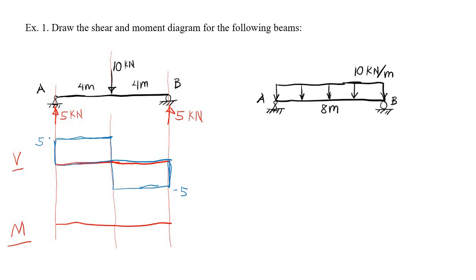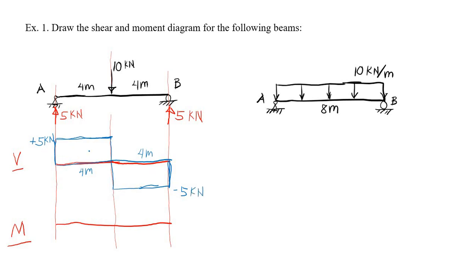Now, the area of our shear diagram: this is 4 meters, and this is 4 meters. This is positive 5 kN, negative 5 kN.